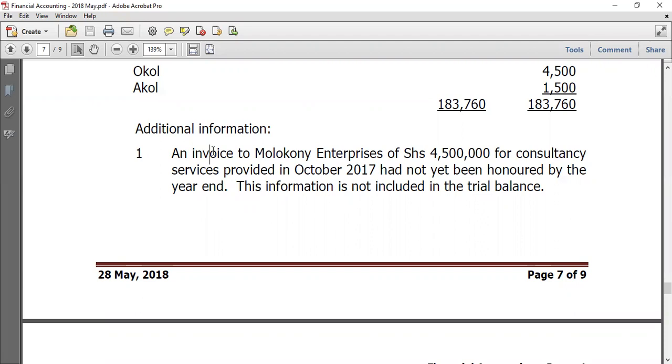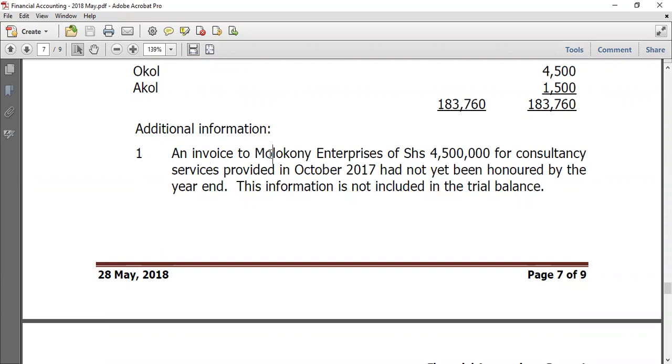And they're saying the information is not included in the trial balance. You get it. The information is not included in the trial balance.